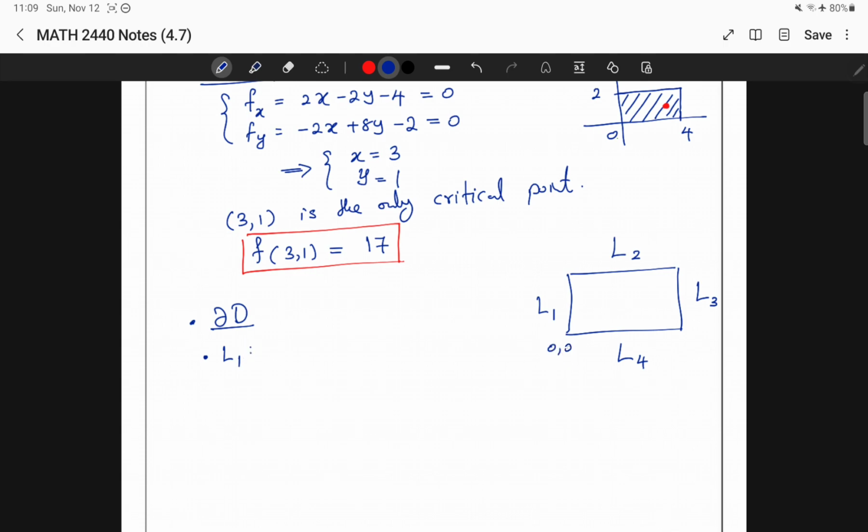Now remember, this is (0, 0), (4, 0), (4, 2), and (0, 2). Now to get L1, that means you plug x equals 0 and y is in between 0 and 2.